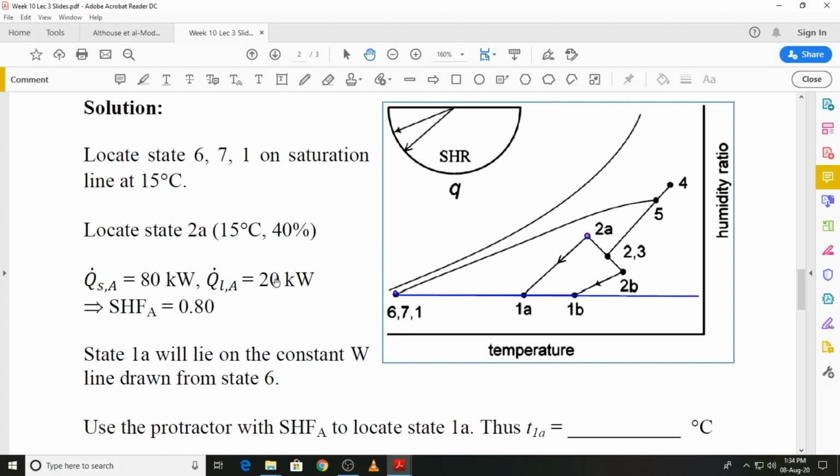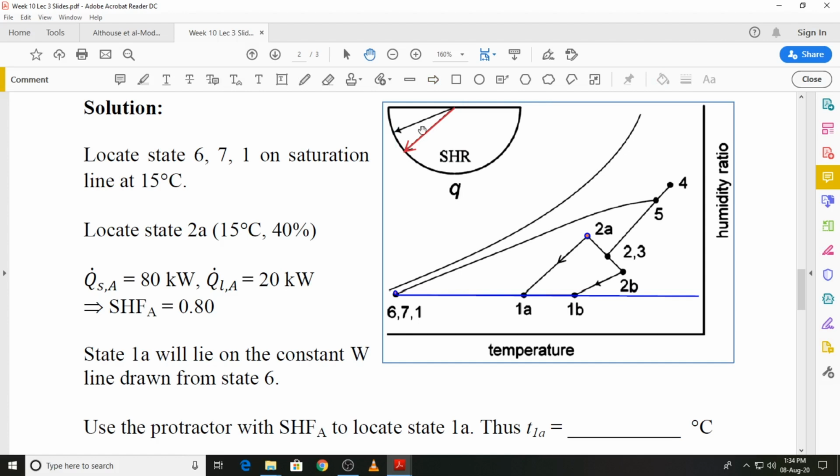Then, because we know the sensible heat factor for zone A, we can use the protractor, and on the protractor you will draw the line corresponding to a sensible heat factor of 0.8. I will just show it arbitrarily over here because this is not according to the data, this is just a general representation.